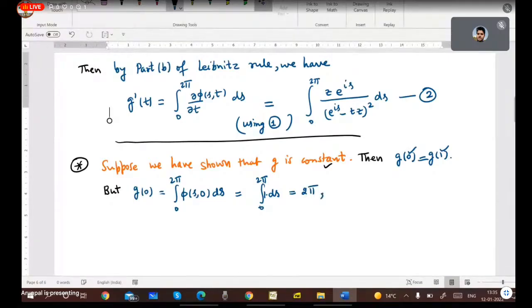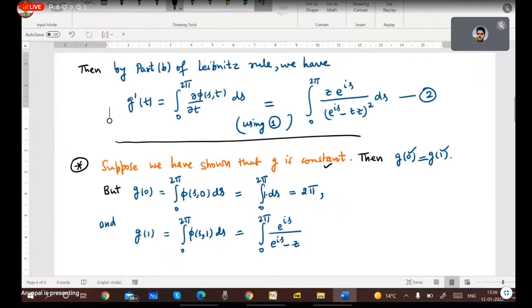And class, what will be the value of g at 1? You can clearly see that the value of g at 1 will be the integral of phi (s, 1) ds, and you can see that it will be 2 pi. If you look at the definition of phi (s, t), it will be divided by e^(is) minus z, because now t is 1, right, class?